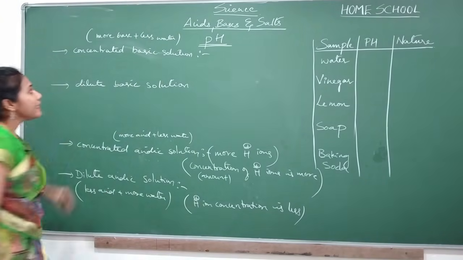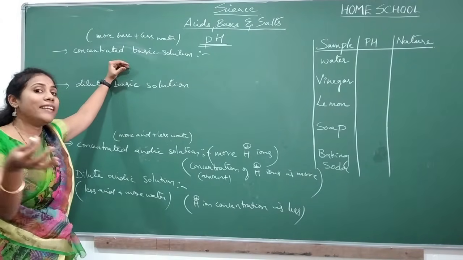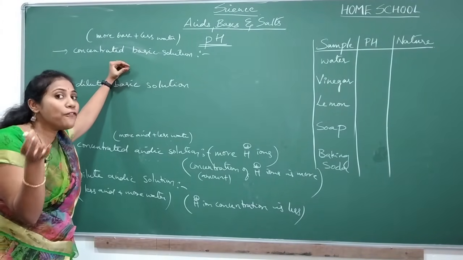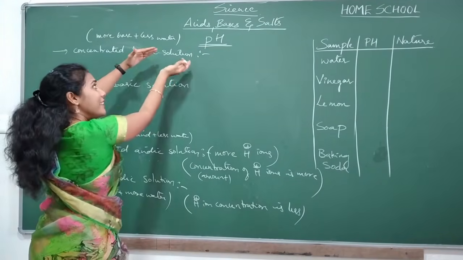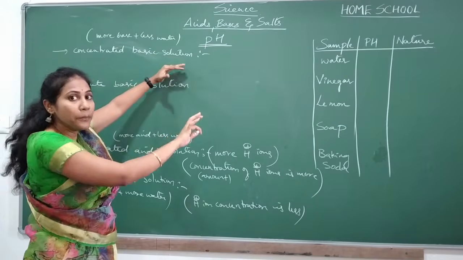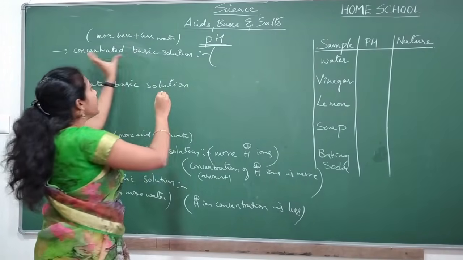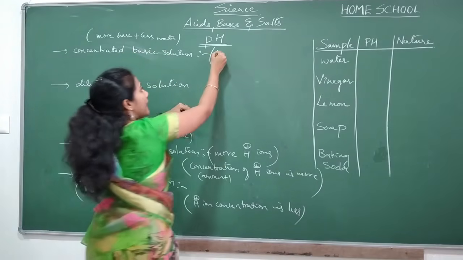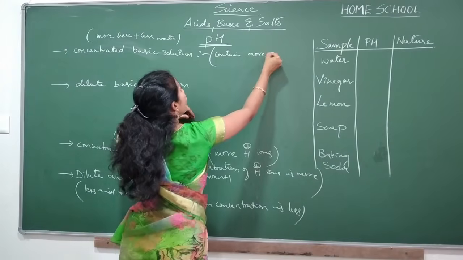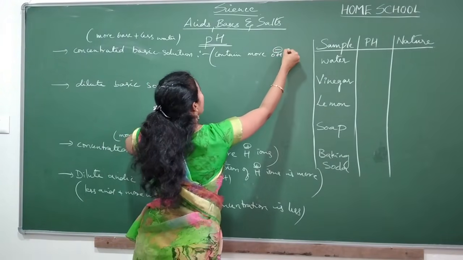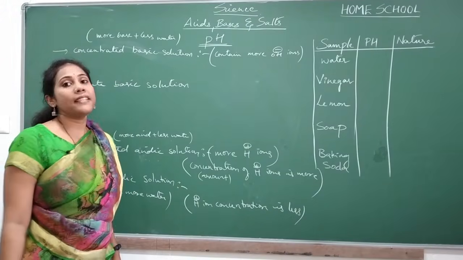Now, can you tell me about the concentration of OH minus ions? Will it be more or less in this case? Definitely more, isn't it? So concentrated basic solution contains more OH minus ions.